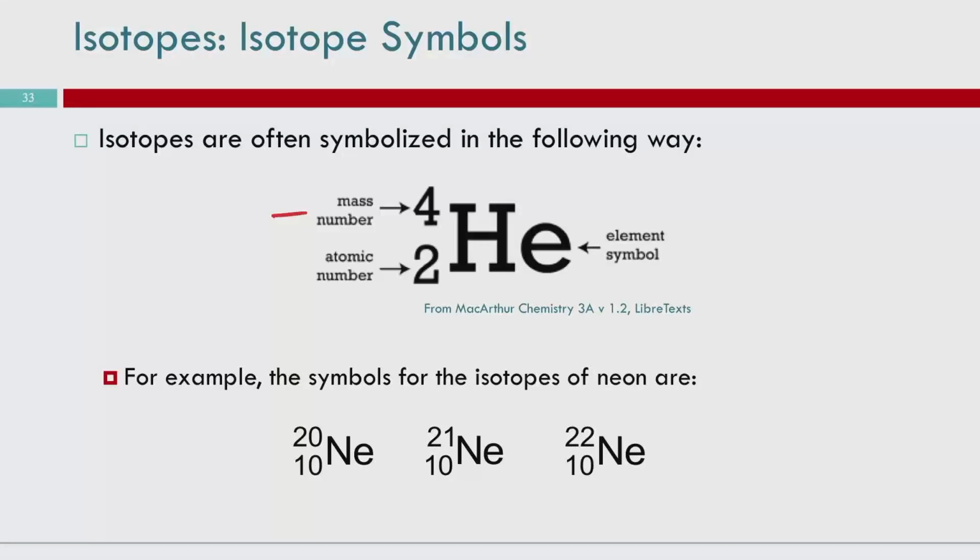It's not Z. It's A. And what does that stand for? It is atomic weight, so the number of protons plus the number of neutrons. So the number of particles in that nucleus.